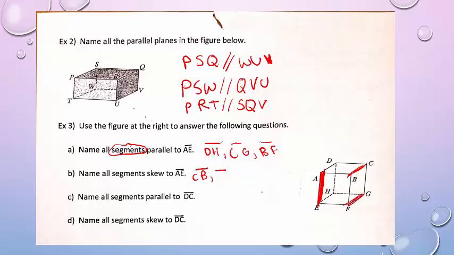FG is also skew. And these will never touch, but they're not parallel. We have CD, that's also skew. HG, and that's good for now.